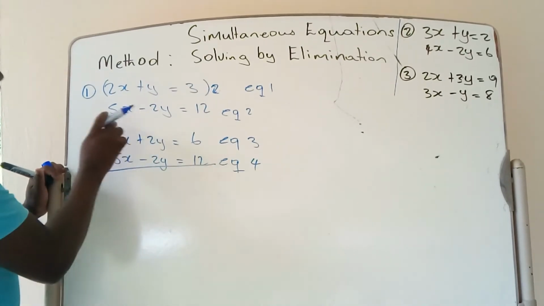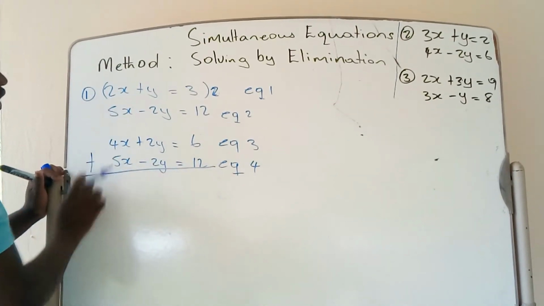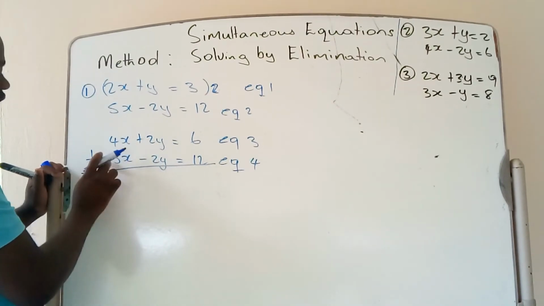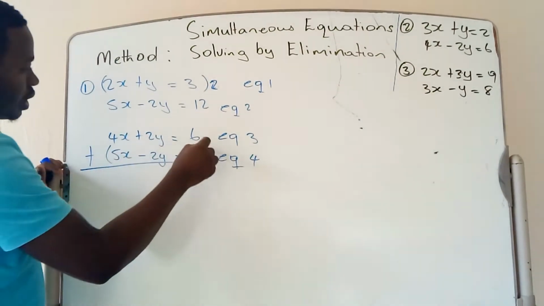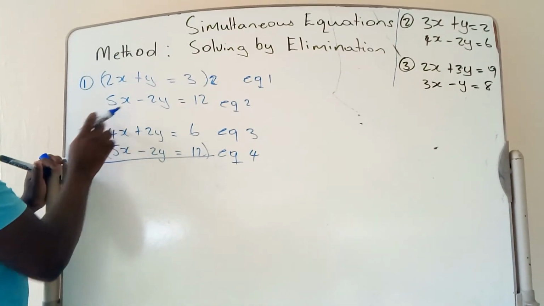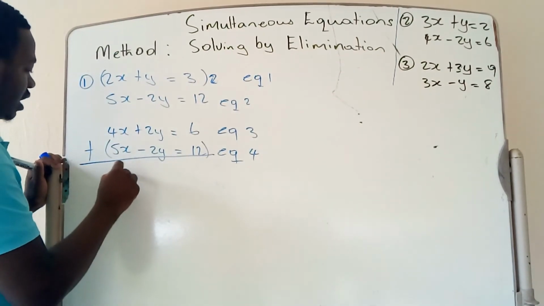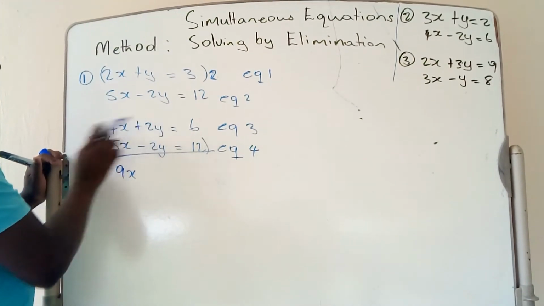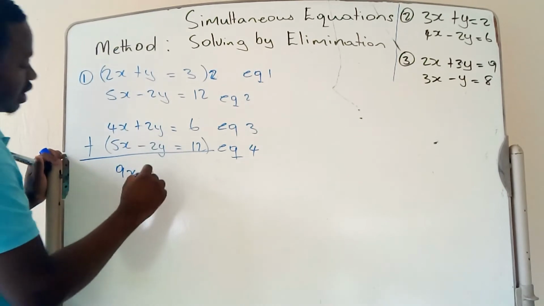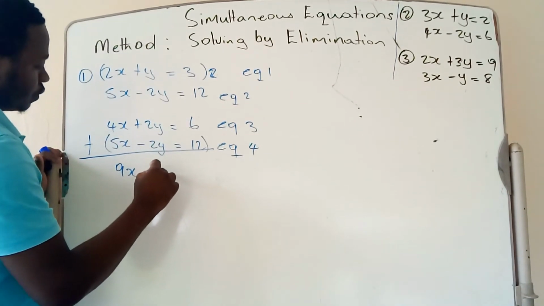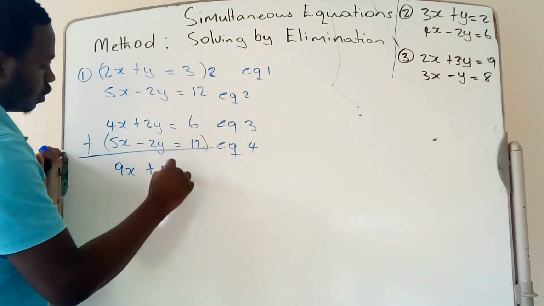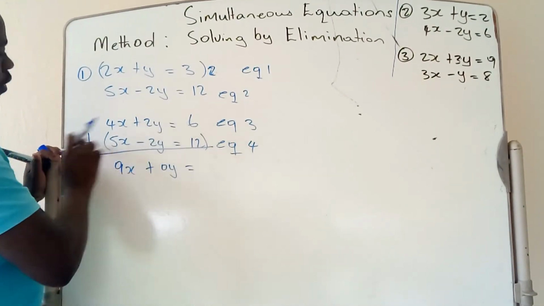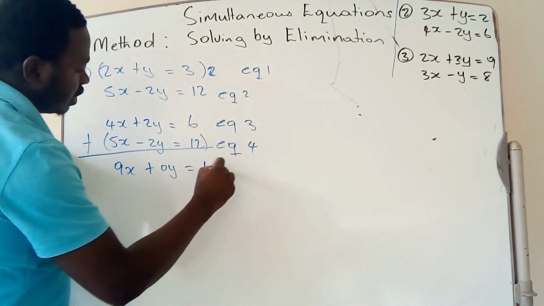You just add normally: 4x plus 5x gives me 9x, plus 2y plus negative 2y gives me 0, so that's plus 0y, equal to 6 plus 12, which gives me 18.